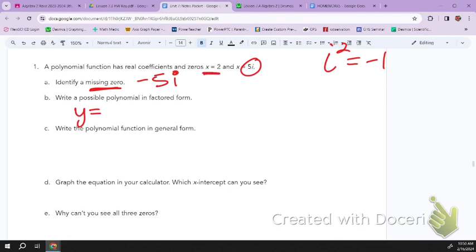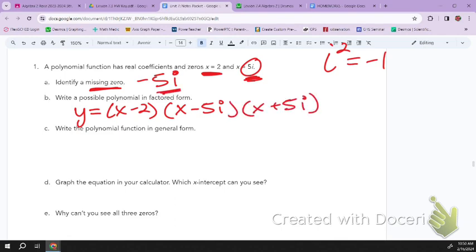If one of the roots is x equals 2, what would the factor be? x minus 2. If one of the roots is +5i, what would that factor be? x minus 5i. And then my next one would be x plus 5i. So I'm just taking my x-intercepts or my roots, and I'm working backwards.